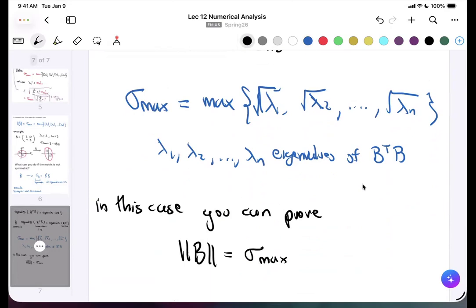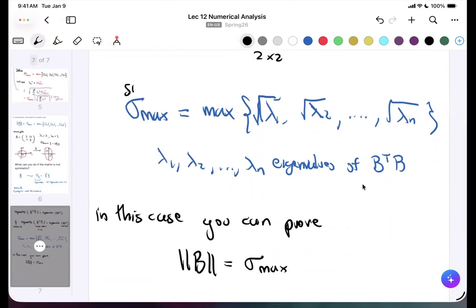This is the maximum singular value, because it's the maximum of all of these. But it can always be computed in terms of an eigenvalue. It's just that you have to do this matrix B transpose B first.